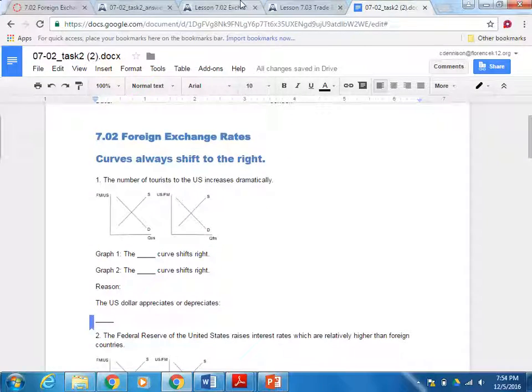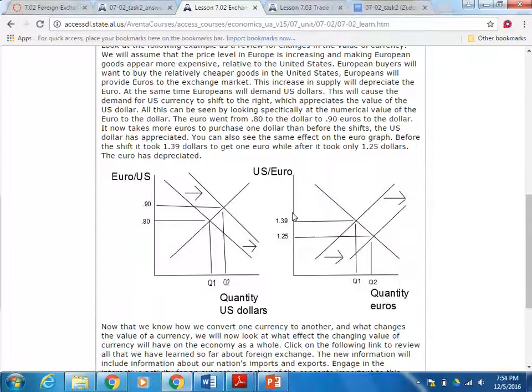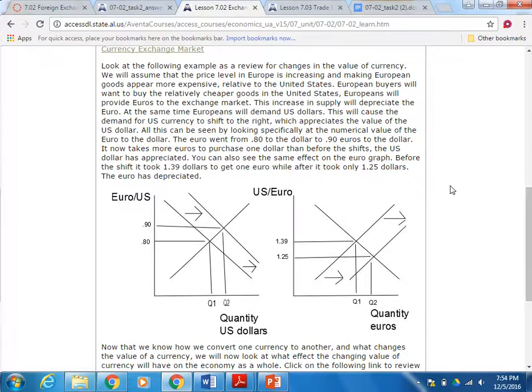The most important thing you really probably need to know is that an increase in the supply of a type of currency is going to depreciate its value. Let's use euros and US dollars, and the example in this lesson. It says assume that the price level in Europe is increasing, making European goods appear more expensive relative to the United States.